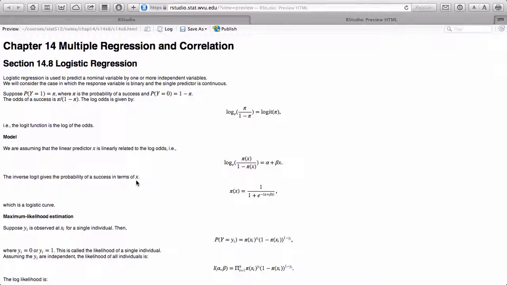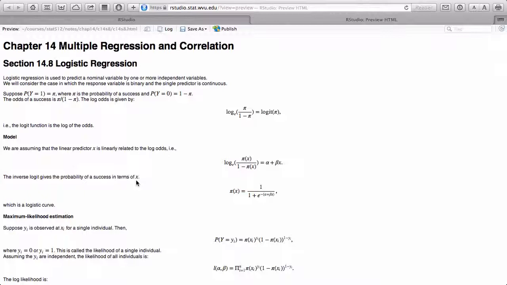Now you can extend this model to the case that y is nominal, that is more than 2 categories. But we're going to be focusing here with logistic regression where there are 2 possible outcomes, which could be yes, no, survive 5 years, not survive 5 years. Any binary outcome.